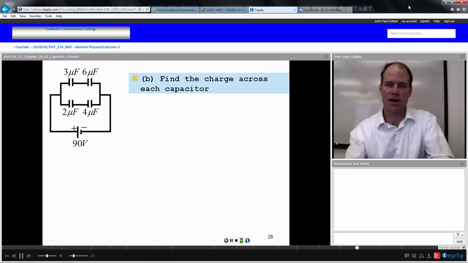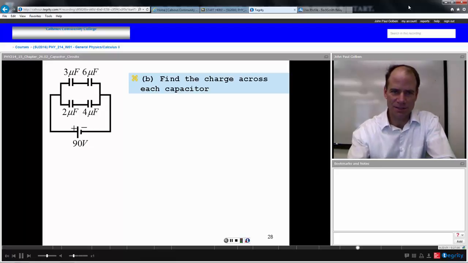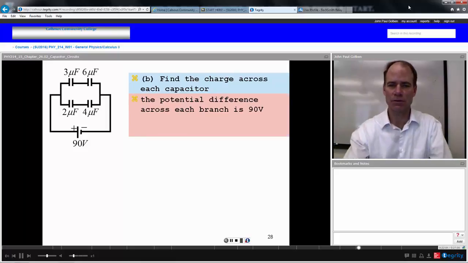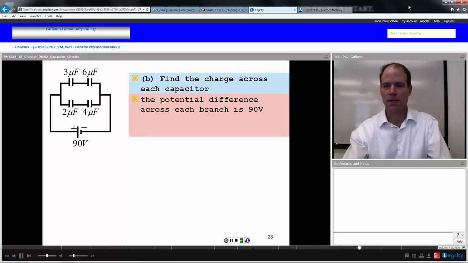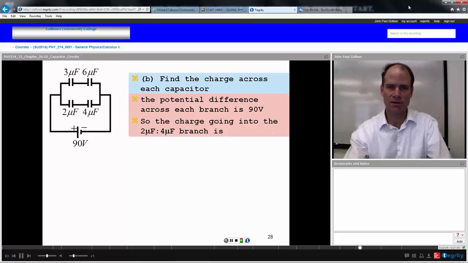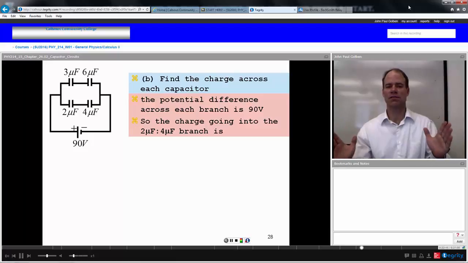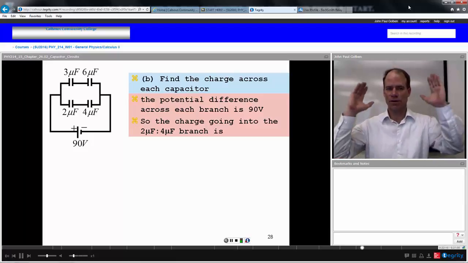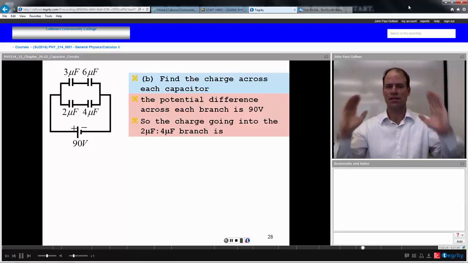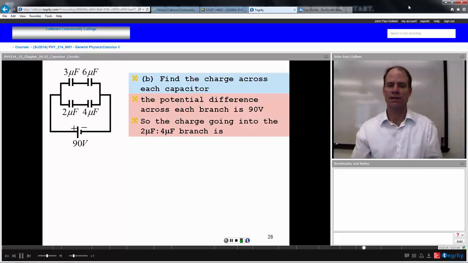Find the charge across each capacitor. We know the voltage across the whole thing, 90 volts, and hence we could find the charge on each branch, because that's the same voltage. The voltage is in parallel with each branch, the 3 and the 6 and the 2 and the 4. And the equivalent capacitance of each will have that 90 volts across it.